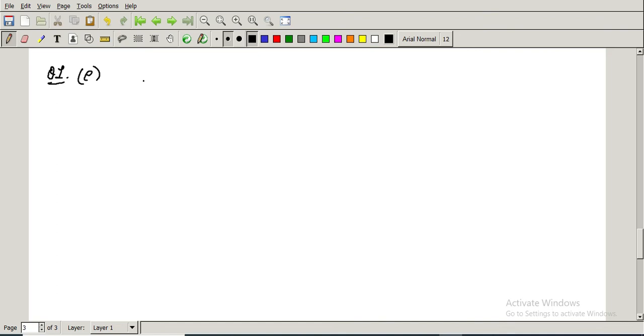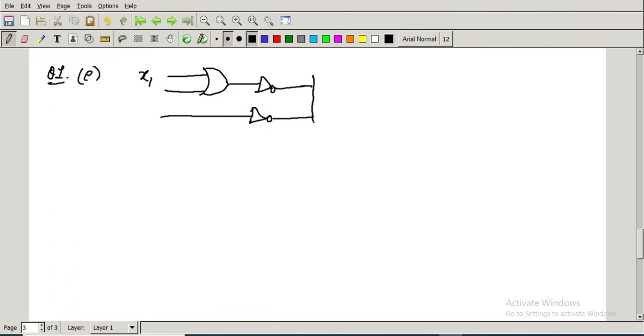Okay, so we have this Boolean circuit. This is your OR gate, this is your AND gate. This is your X3, and this is the AND gate.